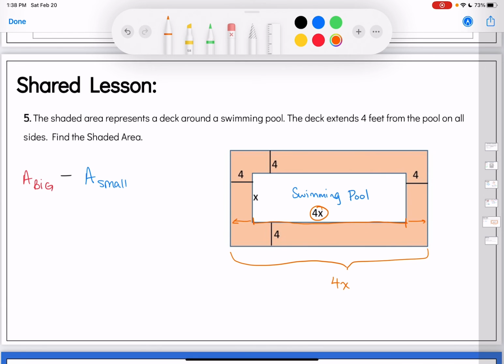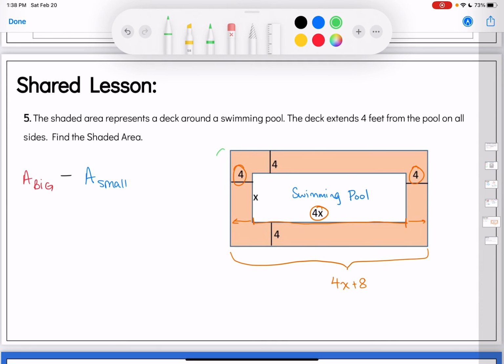Oh, well, the left side is 4. And the right side is 4. And I want to go the whole thing. I need to add them up. 4 plus 4x plus 4. Or really, that'd be 4x plus 8, right? 4x for the middle, 4 on each side would give me 4x plus 8.